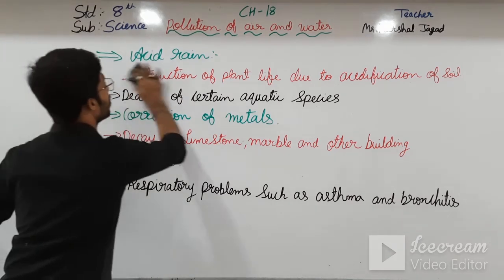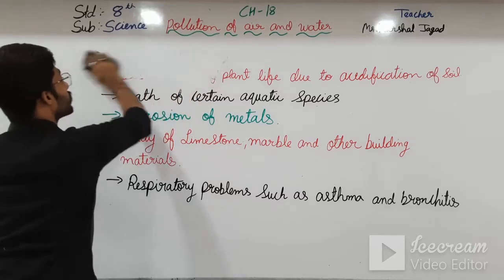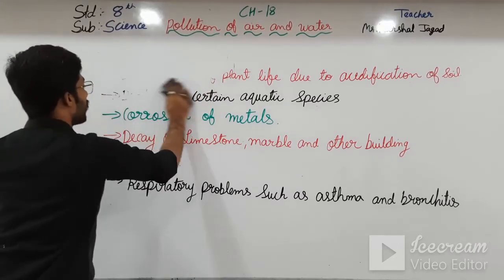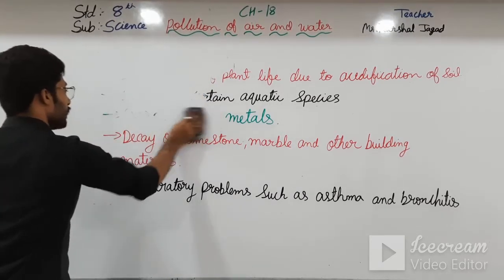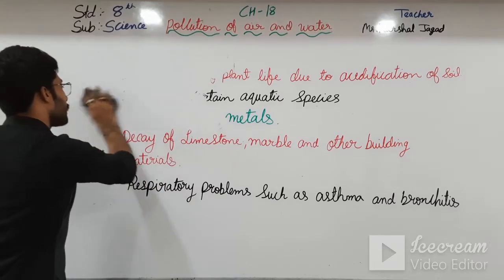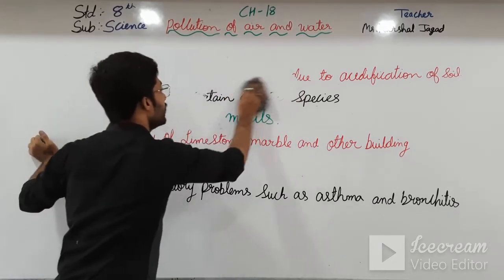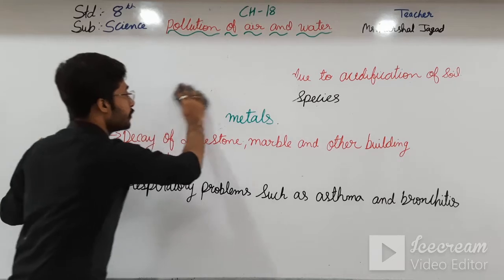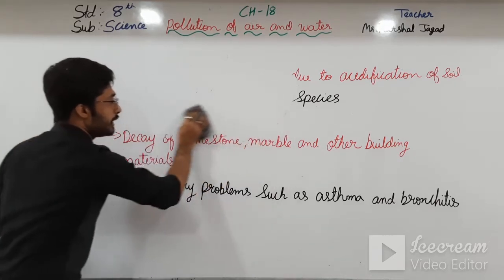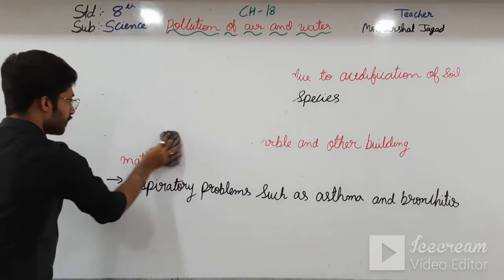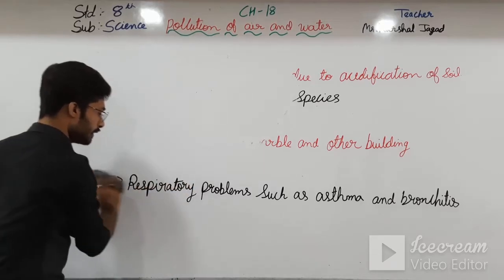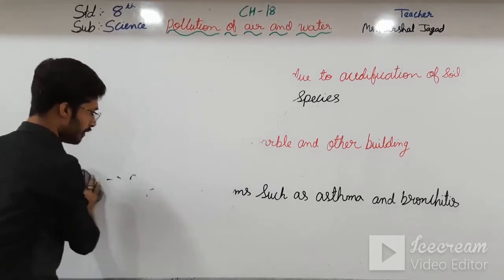The ozone layer protects us from the UV rays which come from the sun.